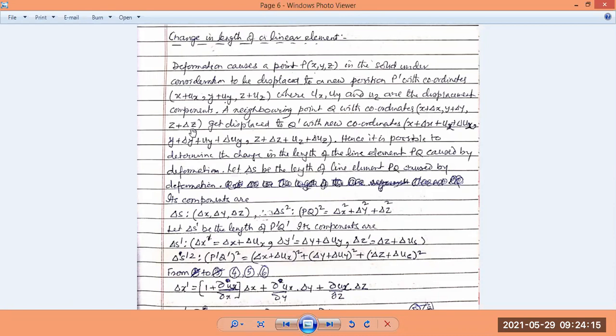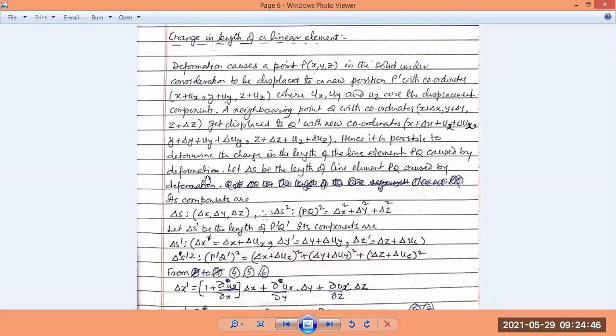And as per our earlier discussion, the coordinates of Q dash will become x plus delta x plus ux plus delta ux, y plus delta y plus uy plus delta uy, and z plus delta z plus uz plus delta uz itself. So it is possible to determine the change in length of the line element PQ caused by the deformation. As per our earlier discussion, we wanted to know the coordinates of P dash and Q dash, and that finishes our job.